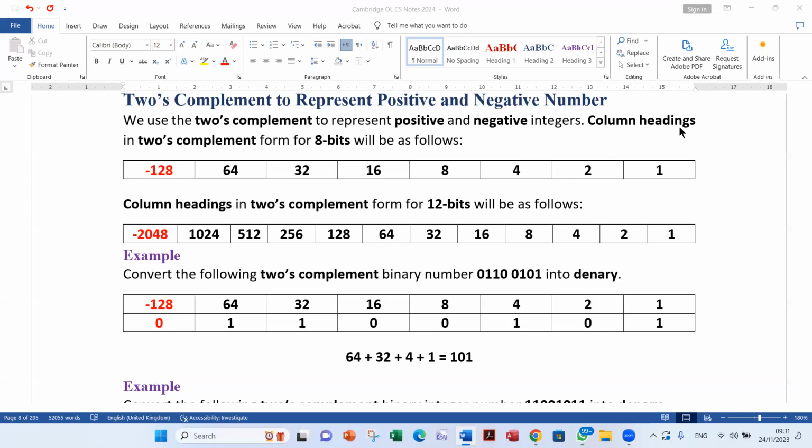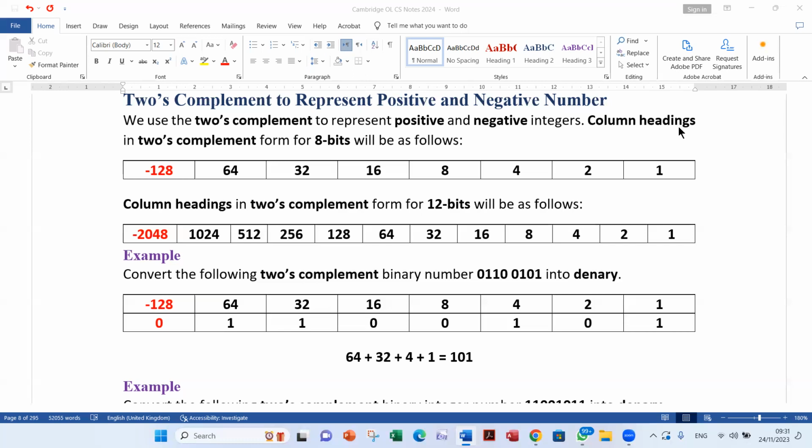If it is a 0, then it will be a positive number. If it is a 1, it's going to be a negative number, and I will show you how. If you would like to convert that number into denary, you just add 64 plus 32 plus 4 plus 1, and this is just 101, because there is nothing negative.